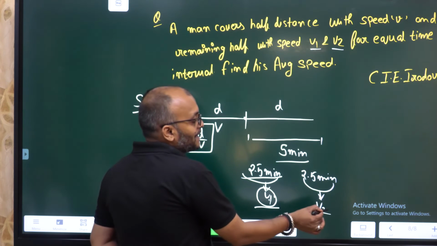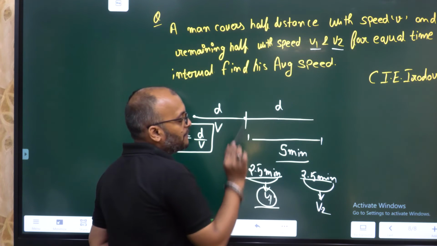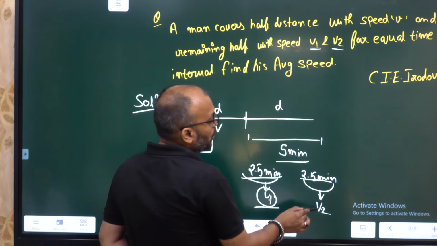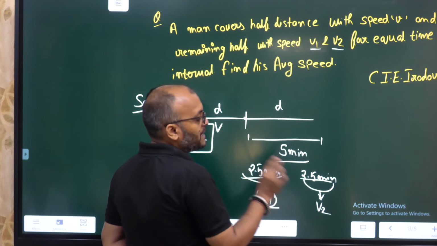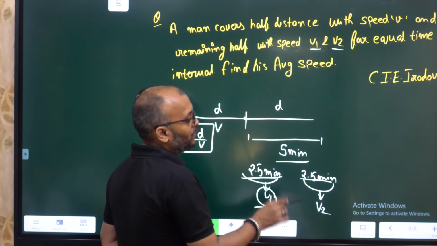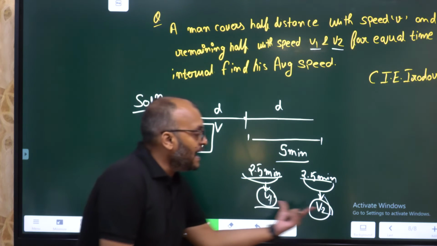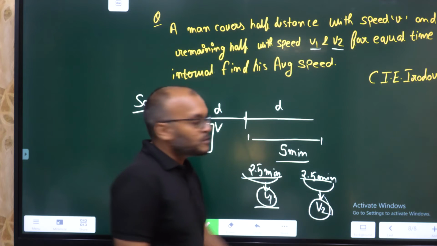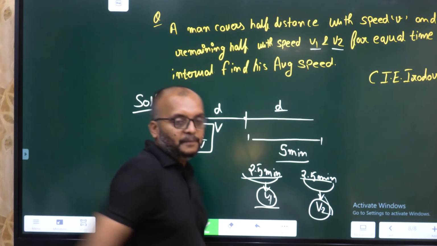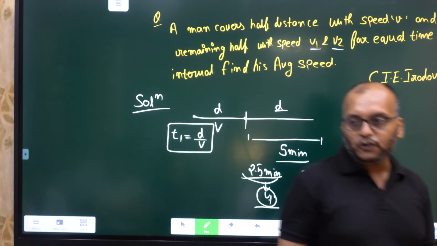Then I multiply V2 with 2.5, so I get the distance covered with speed V2. If I add these two distances, it will be equivalent to d. Yes or no?